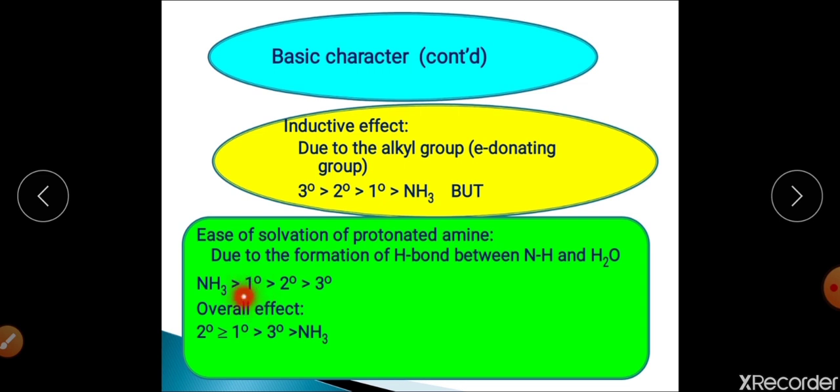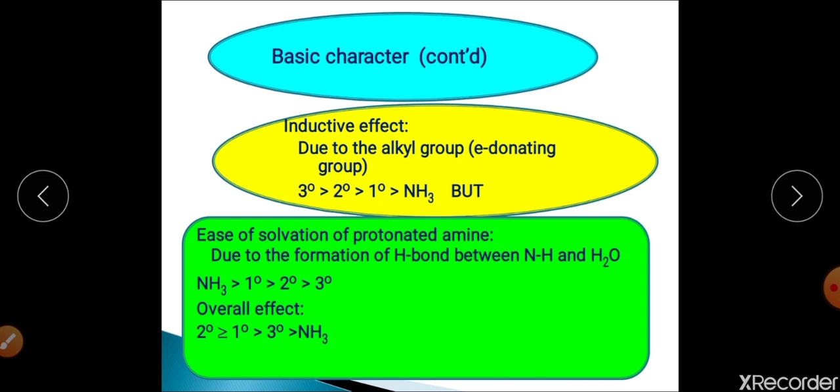Similarly, a primary amine has 2 hydrogens, and when it is converted into the ammonium ion, it will have 3 hydrogens for hydrogen bonding. Similarly, a tertiary amine will have only 1 hydrogen because it gets converted into R3NH positive. So when we are talking about the solvation effect, the order becomes the reverse of the inductive effect.